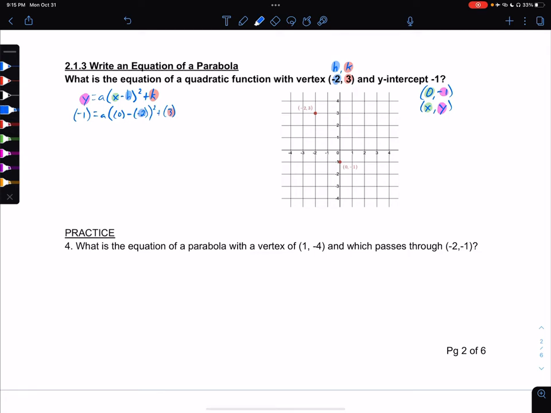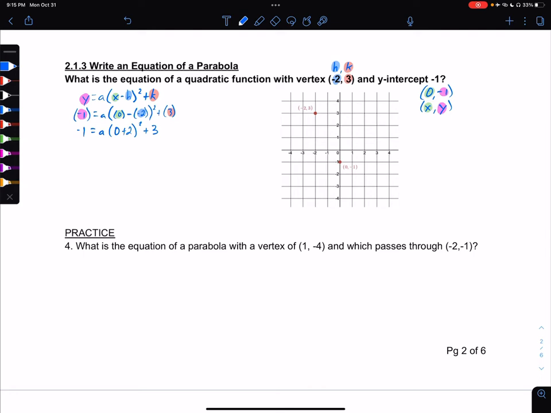So let's just color code this, and I have my 4 variables plugged in. All right, so from here we just start cleaning things up. The parentheses in certain cases are no longer needed. So this on the inside would become 0 plus 2, and then we'd have plus 3.